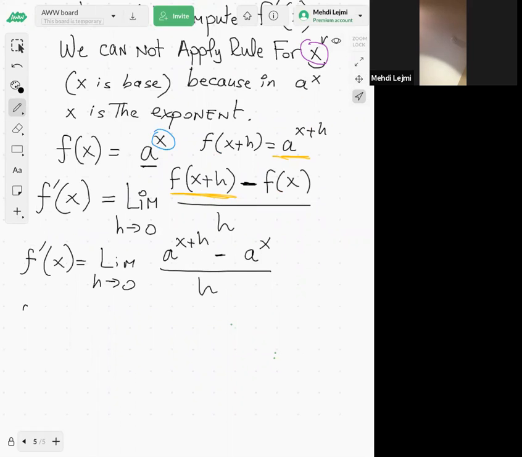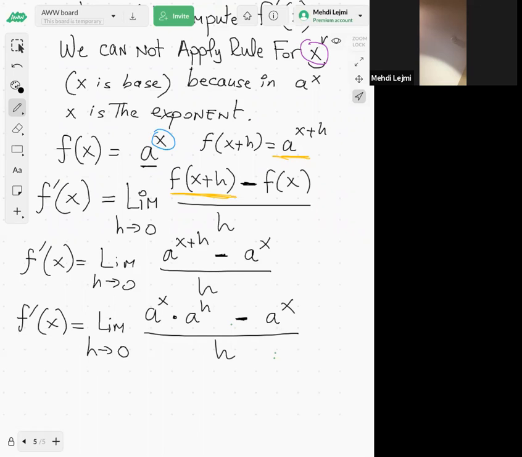So f prime of x is the limit as h goes to 0 of a to the x times a to the h, because when you have the same base, you can add the powers. The base here is a, so you add the powers x plus h. And then minus a to the x, over h.